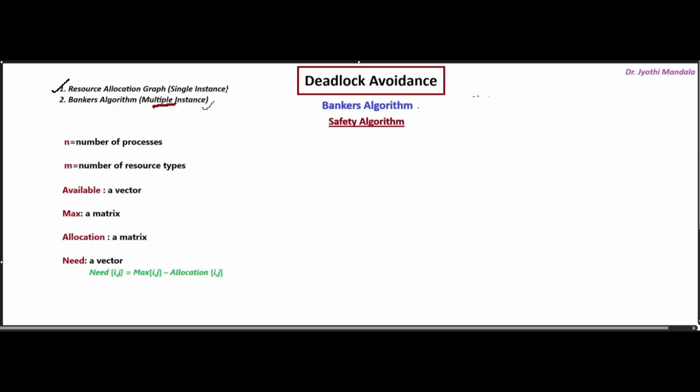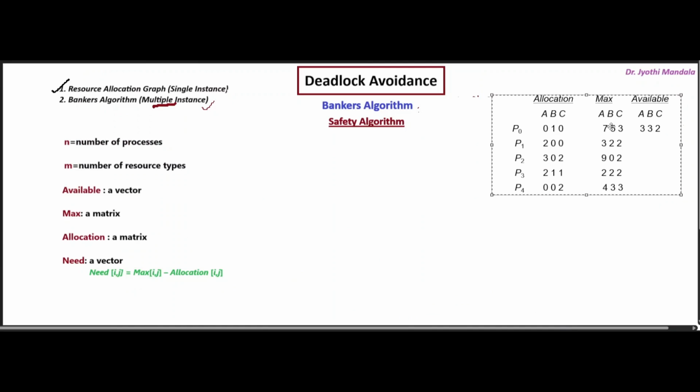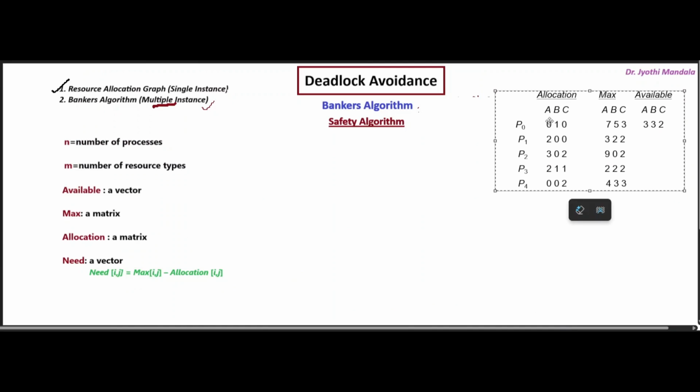To understand this even better, let us take this example. Okay, see this example, all of you. Here we have considered 5 processes, so the n value is 5. And we have considered 3 resources, A, B, C, so the m value will be 3.